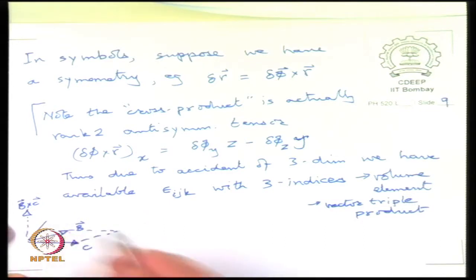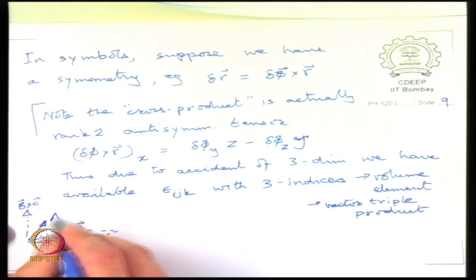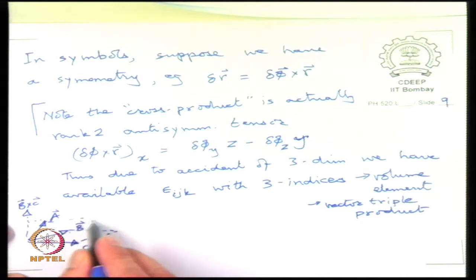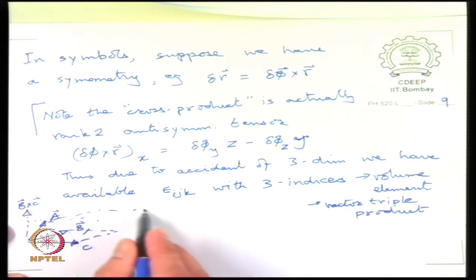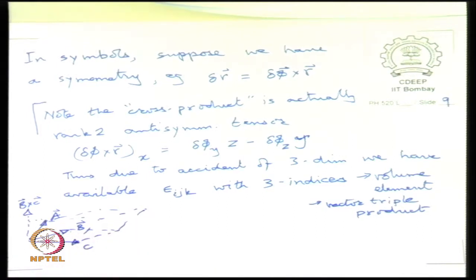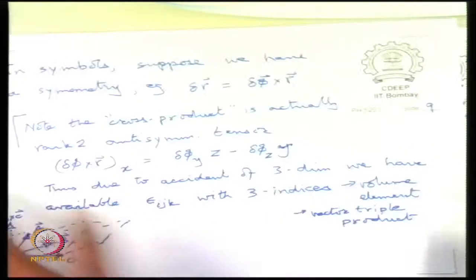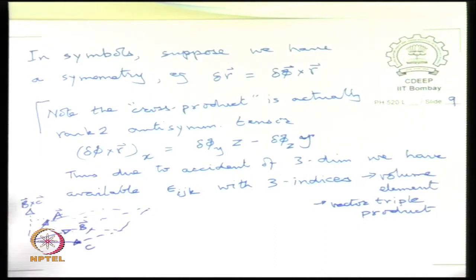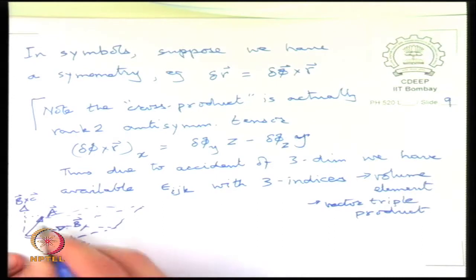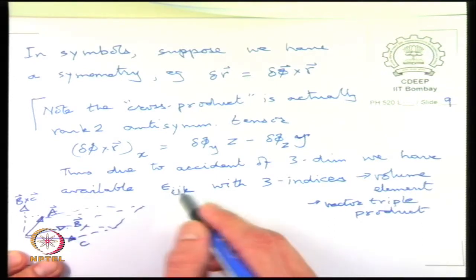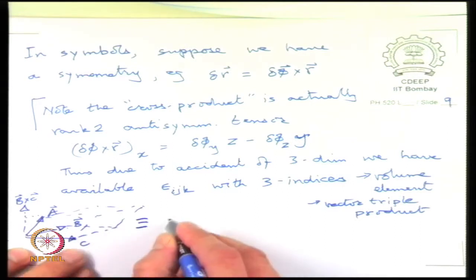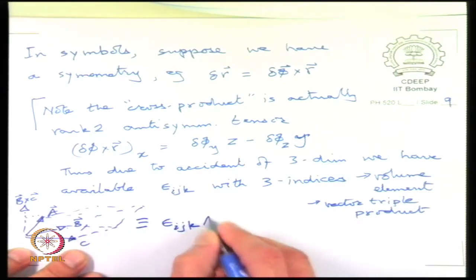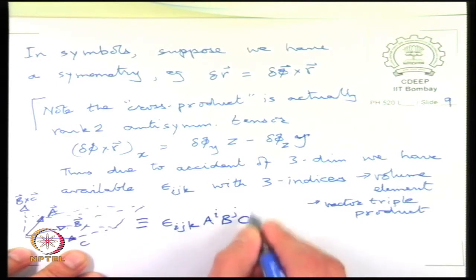But then there is A here, and if I do A dot B cross C, I basically get the volume of this parallelepiped. B cross C will produce BC sine of the angle between them. Anyway, so this is basic, and that is exactly what this will be, the same as epsilon ijk ai bj ck.